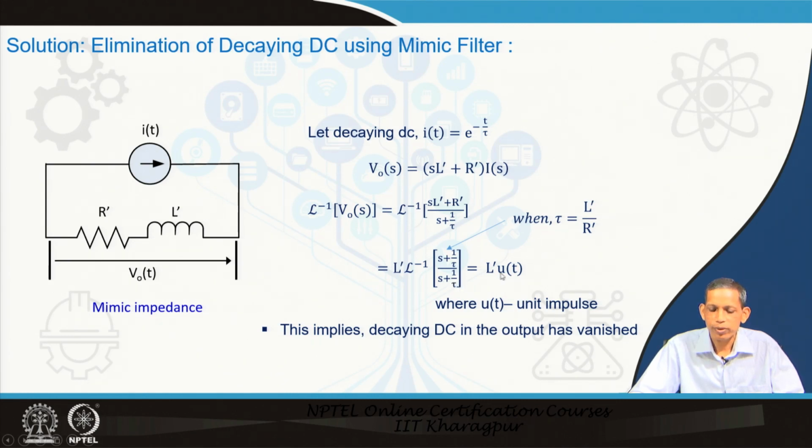With this condition, we need L dash times the Laplace inverse of 1, which gives you the unity impulse.